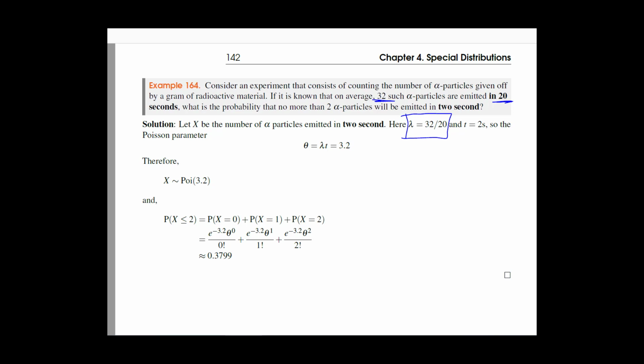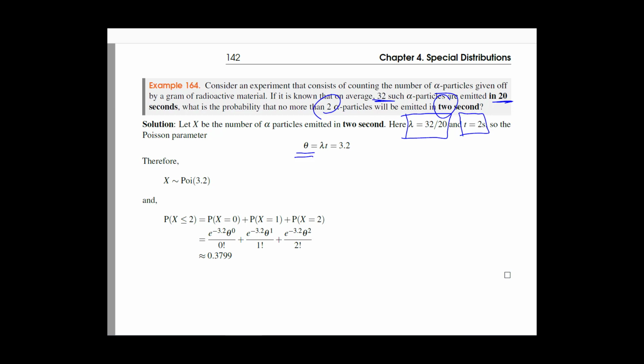Okay, and then what's the probability that no more than 2 particles will be there in 2 seconds, right? All right, so t is 2 seconds. And that's the one that changes from question to question, so we need to be careful. Okay, so that's your 2 seconds right there, which allows you to compute the parameter of the Poisson variable, lambda t.